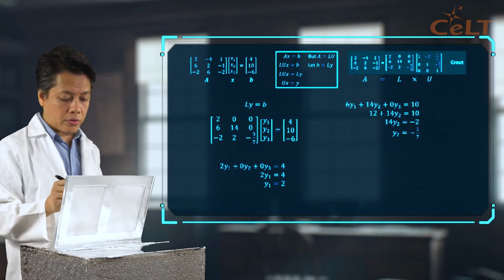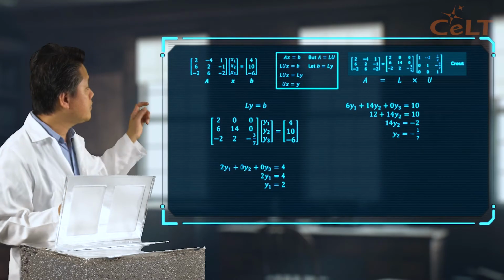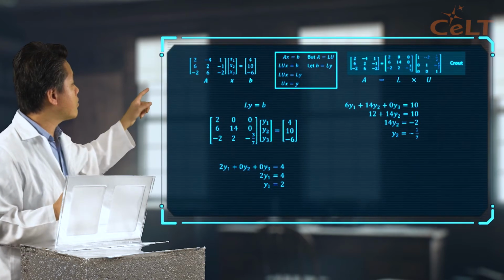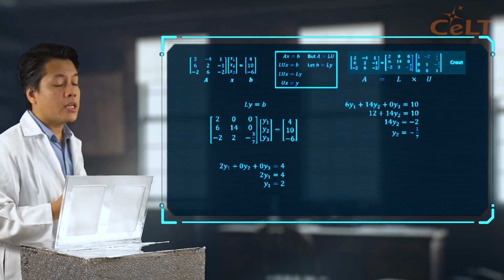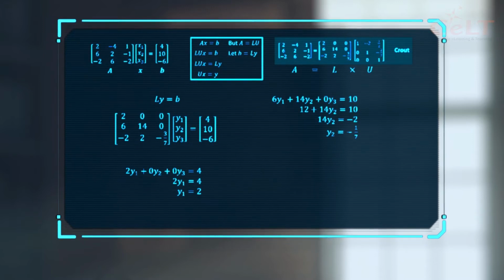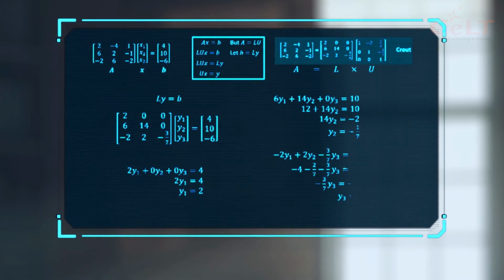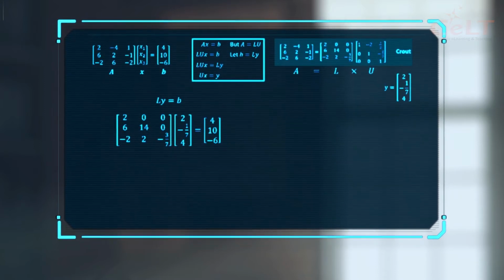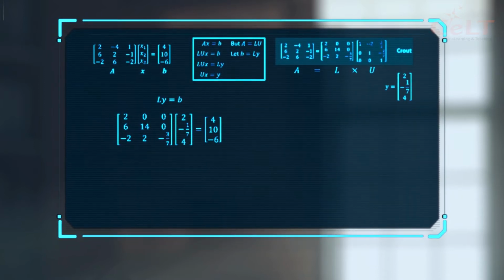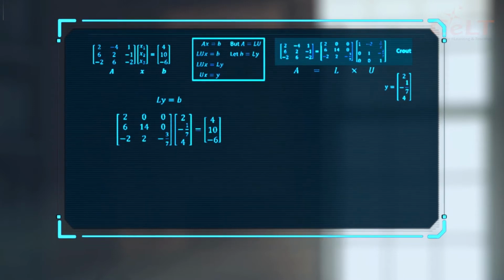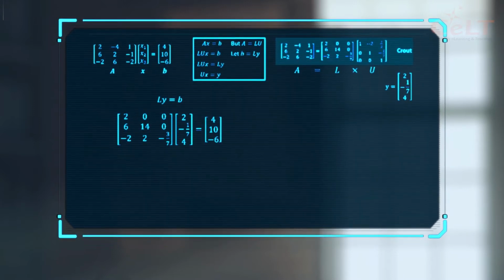And now, off to the last variable, Y3: multiply the last row of L with Y, and that gives us a 3 variable equation. Since Y1 and Y2 are already known, we get the value of Y3. So now that we have solved vector Y, this is how the completed multiplication looks. We are going to use vector Y for the next process.